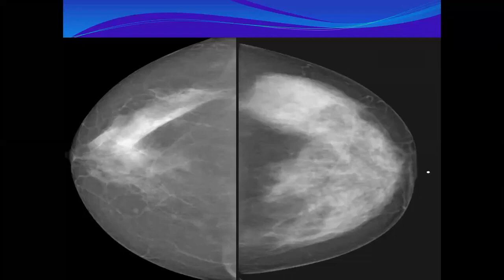Suhair. Sorry. This is craniocaudal of both breasts, showing global asymmetry at the left breast with associated skin thickening. I would like to see the mediolateral oblique and to ask about the history of the patient.